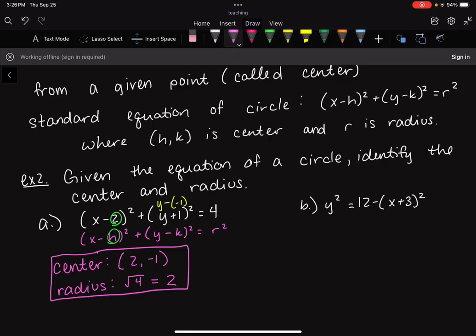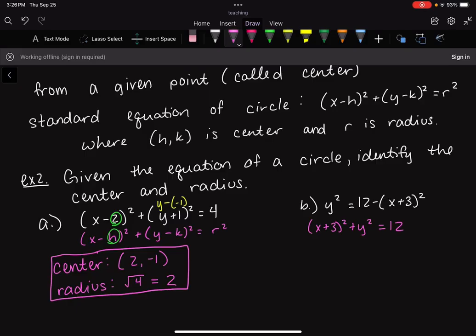For b, it's just not quite in the form that we like, but we can just move some stuff around. So if I move the x stuff over, let's do that. So that would be (x + 3)^2 + y^2 = 12. So all I did was add the (x + 3)^2 onto the other side so that it looks more like my formula.